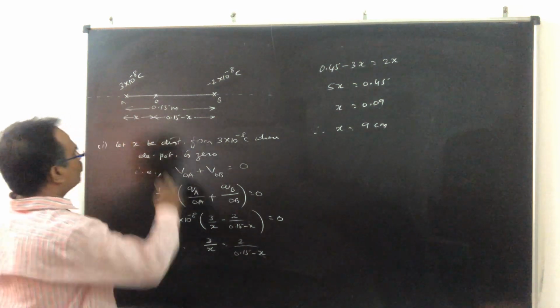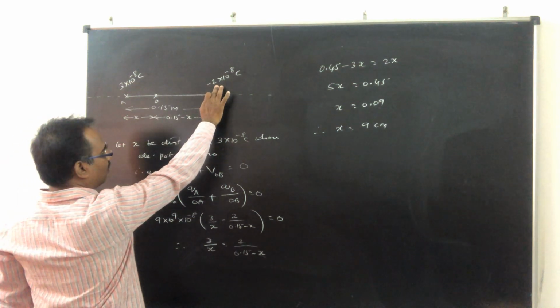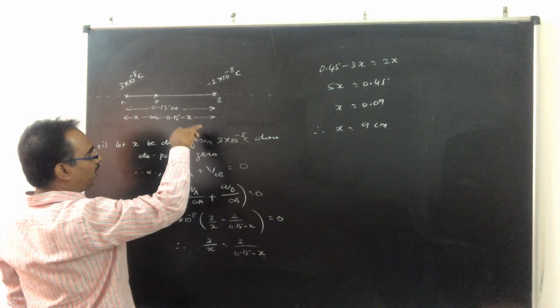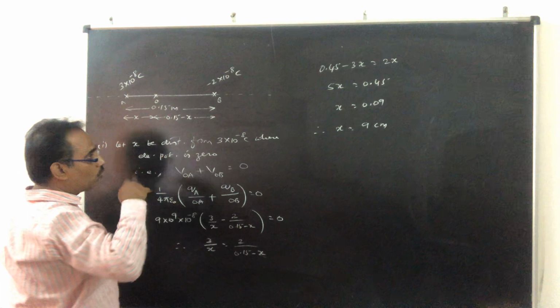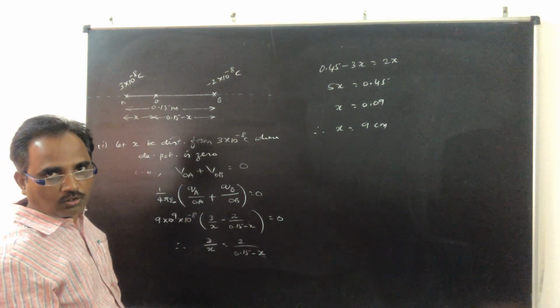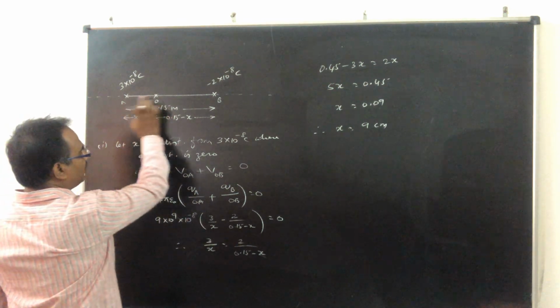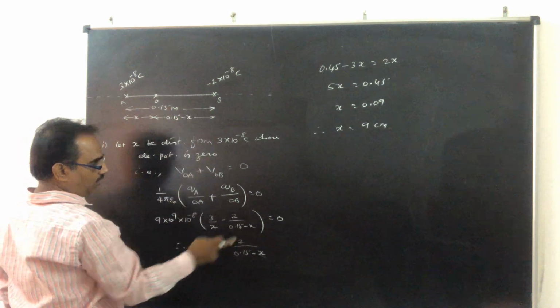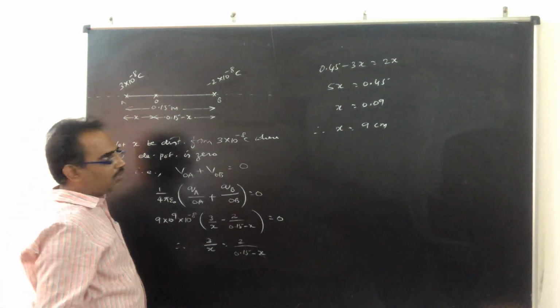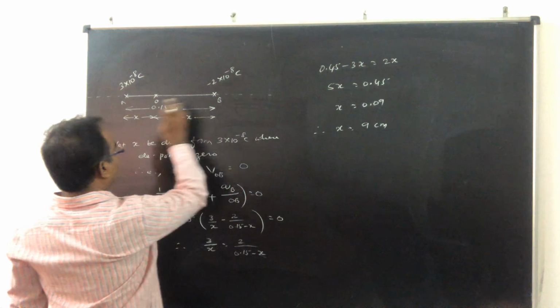So when two unlike charges are there, if you are asked to find the point where the potential can be 0, there will be two positions where the potential can be 0. One is in between, on the line joining the two charges, this is the one. There must be one more point, either this side or this side.